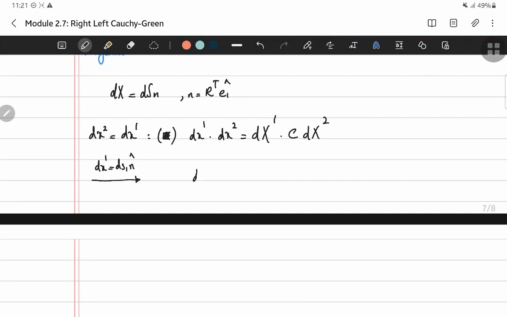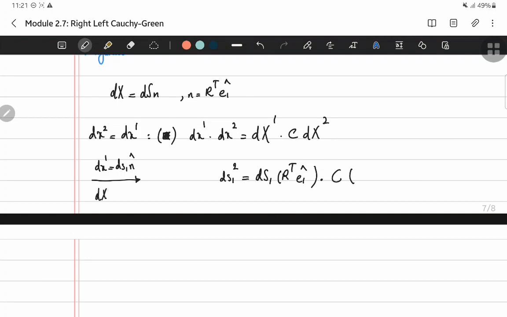So I have ds1 squared, because n dot n is 1, is equal to d capital S1 times n, which is R transpose E1, dot C, and then I have dx2, which is the same as dx1.